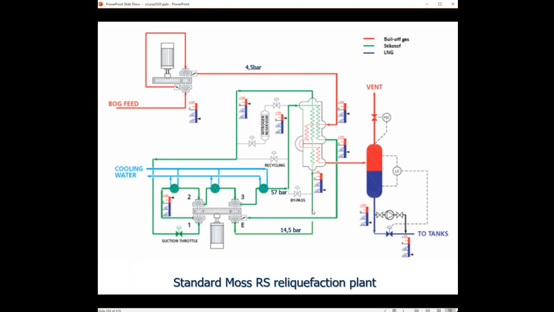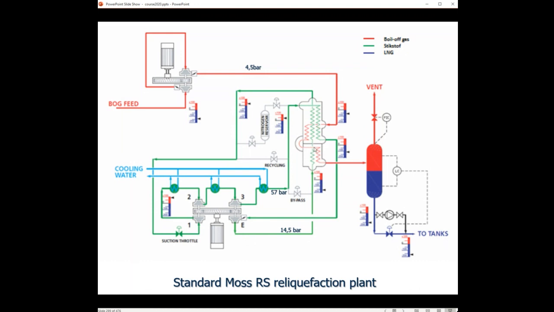After that expansion, we have nitrogen at -160, -170 degrees. And that goes to the first heat exchanger, the first condenser, where our cargo, after its pre-cooling here, is now cooled to -163, to this boiling point.